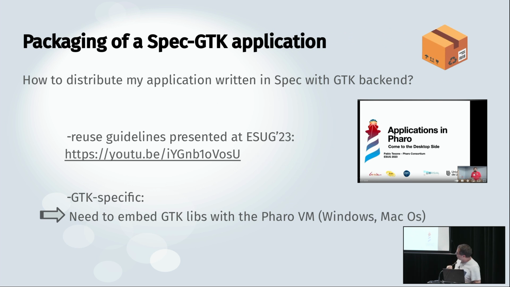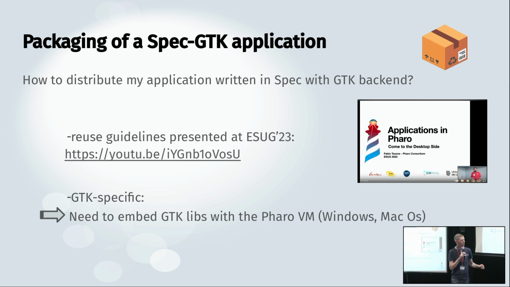So now how to package this? Once we have the application doing, as soon as I fix the delete bug, and then we want to ship it. Shipping an application done with Spec and GTK is almost like standard applications.